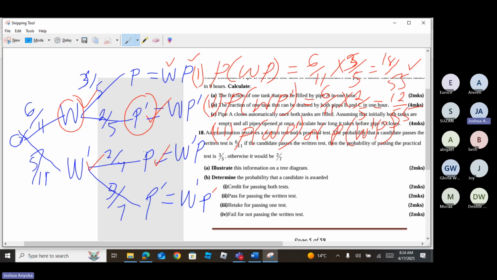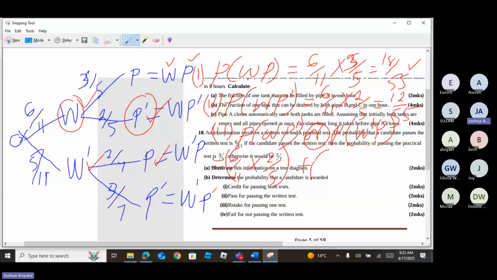So this one we multiply the probabilities. So it is 6 over 11 times 2 over 5. We say the or means it is a mutually exclusive event. We add, it is only one event that can take place at any given time.